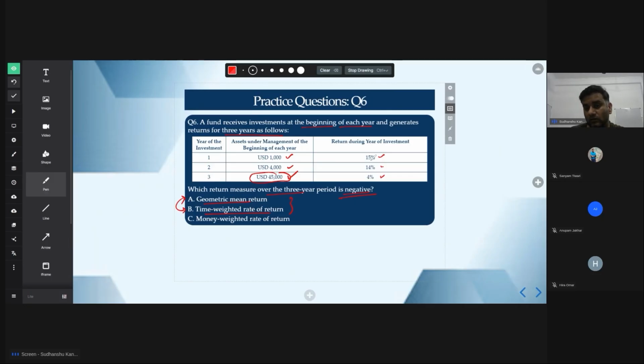So now the TWR or HPR of one is given as 1.15, right?